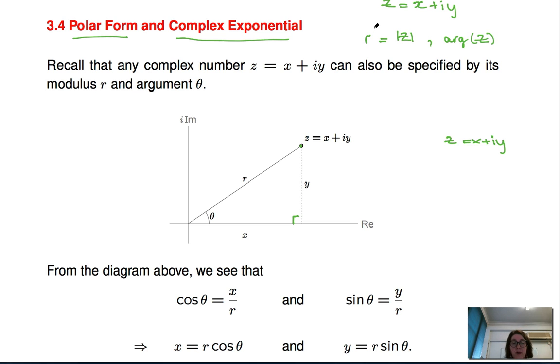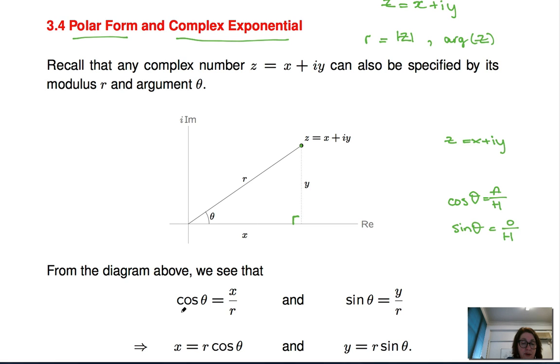Okay, so from the diagram, remember from our work on trigonometry, the cosine of theta is equal to the adjacent side over the hypotenuse, and the sine of the angle theta is equal to the opposite side over the hypotenuse. So on our picture, the adjacent side is x, and the hypotenuse is r.